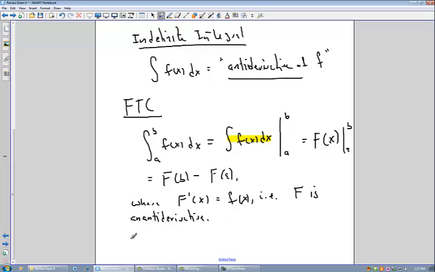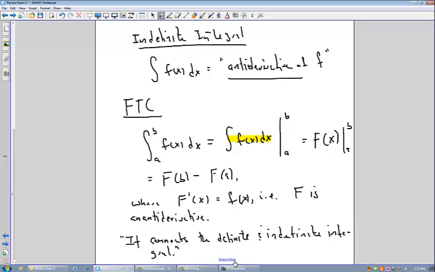In essence, if you want a short phrase, it connects the definite and indefinite integral.